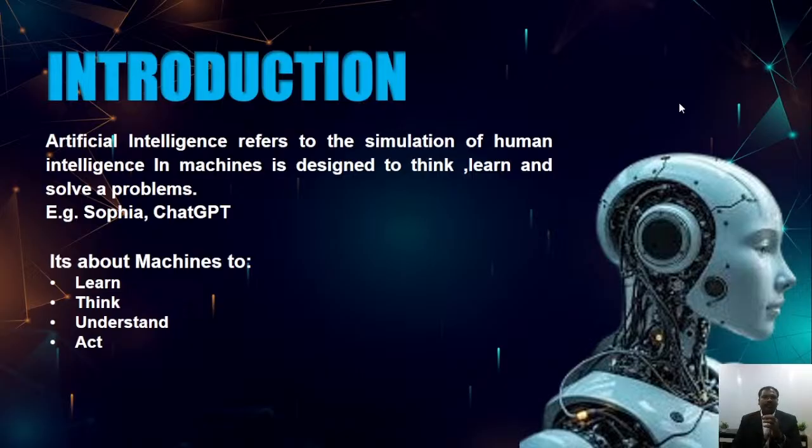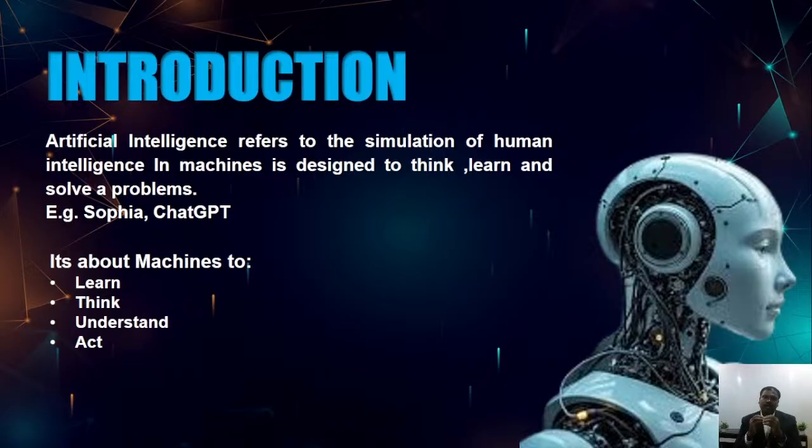Likewise, if a robot thinks, acts and solves problems like a human, then that machine belongs to AI robots, right? For example, Sophia. Sophia is the world's first humanoid robot. This robot will think and act like a human and also solve problems like a human. Not only that, it can ask questions, because artificial intelligence is combined with machine learning and deep learning processes, and it has natural language processing.